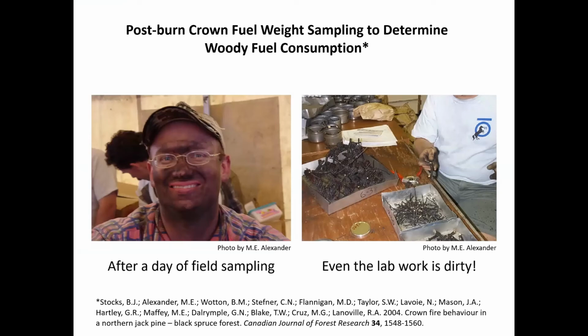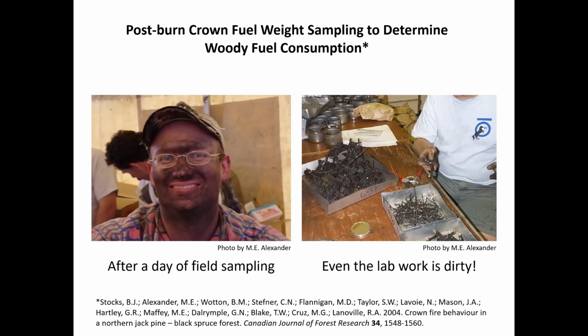Early efforts to quantify the degree of woody fuel consumption in the canopy layer following crown fires in conifer forest involved guesstimates or assumptions, often combined with ocular estimates. Perhaps the more exacting way is to undertake a post-burn crown fuel weight sampling to determine the woody fuel consumption in the crown fuel layer.